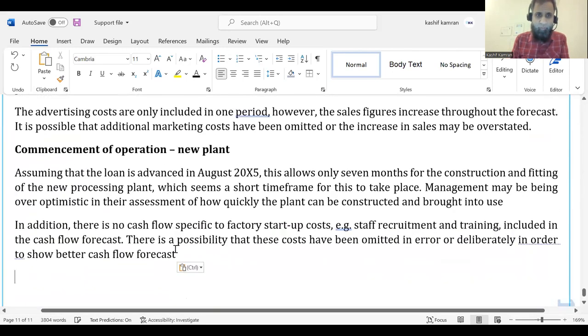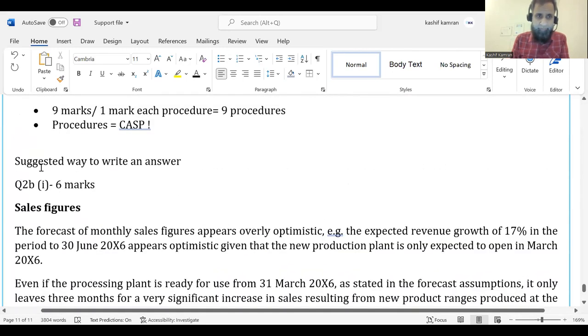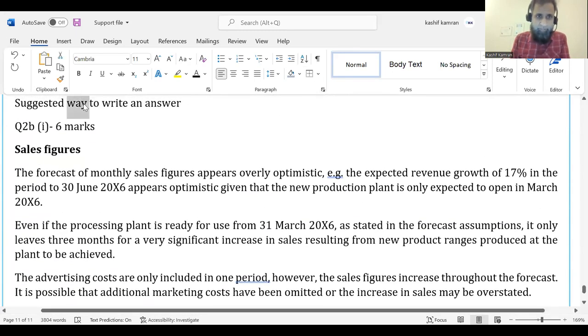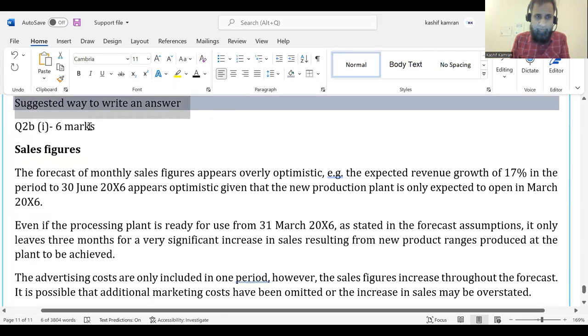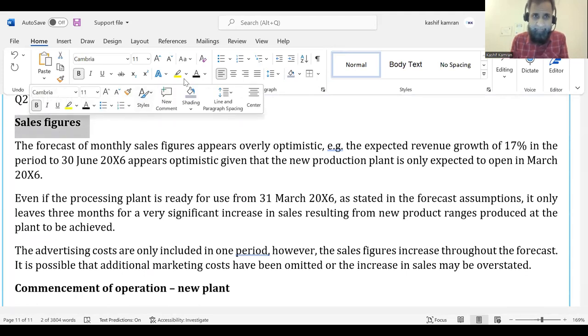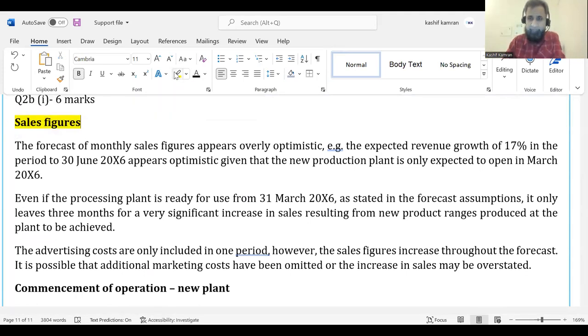And see, this is the way I wrote the answer. Just let me read it for you and tell you what is the purpose of writing this answer and how you get marks. See, the first thing is the sales figure, right, in the exam. So I made the heading sales figure and I wrote my evaluation.